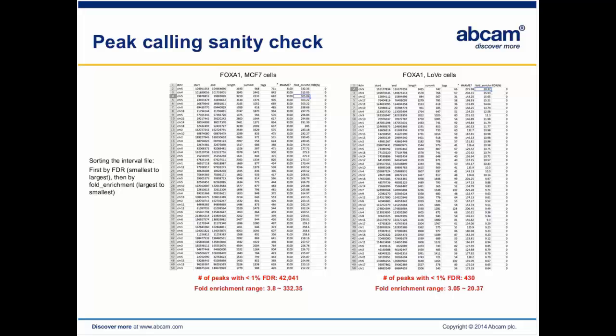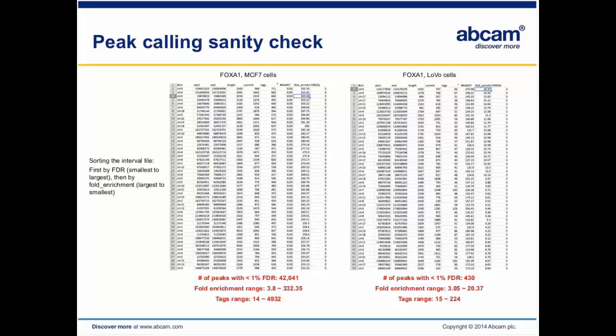The third thing we could look at is the number of sequencing reads within the peak region. Again, the FOXA1 MCF7 data have a much wider range than the FOXA1 novo data. So these three metrics we just went through clearly suggest that there is something wrong with the FOXA1 novo dataset.